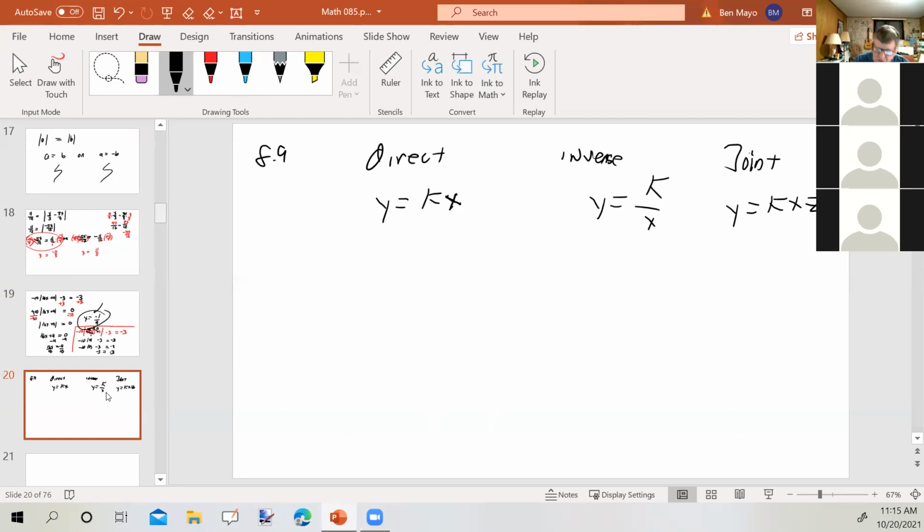It may or may not be mentioned, but it exists in all different forms of variation. So what you've got to do is read the problems, identify the variables, and be careful, as I learned the hard way again, to make sure you've got things identified correctly. If they don't already give you K, they would give you enough information to determine what K is. Then you put K back in the equation and follow up with the follow-up question.